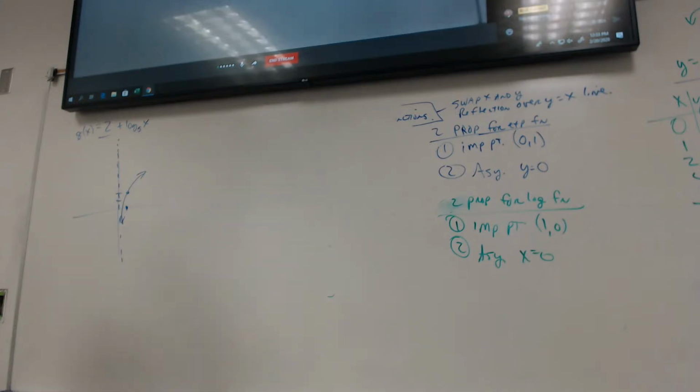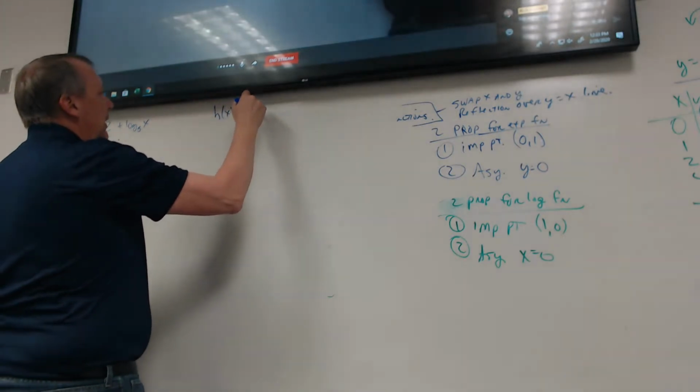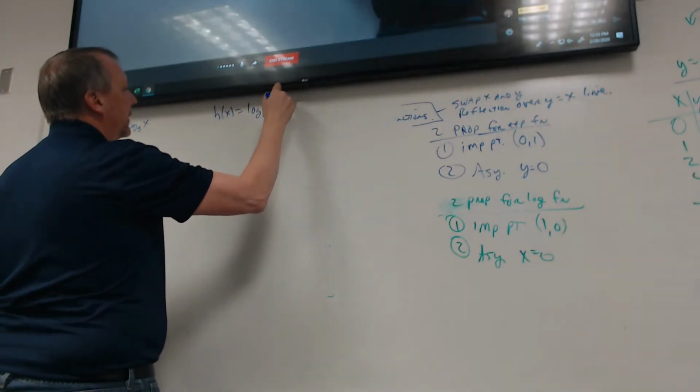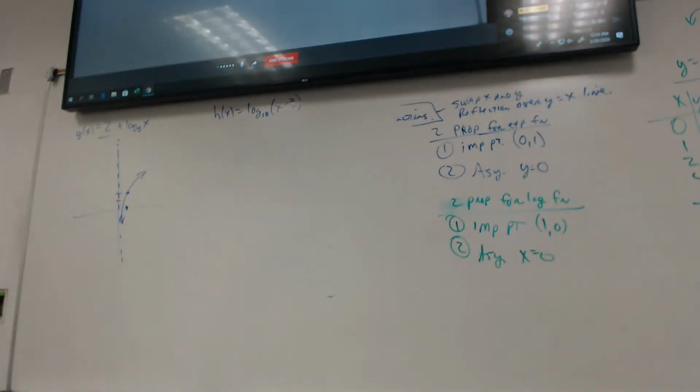How about this one? What if I said h of x equals log base 10 of x minus 3? There's something else we should have done, but we'll finish this thought first. Nathan, what do you think?